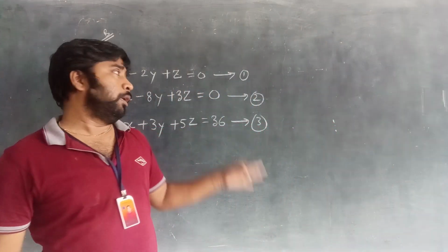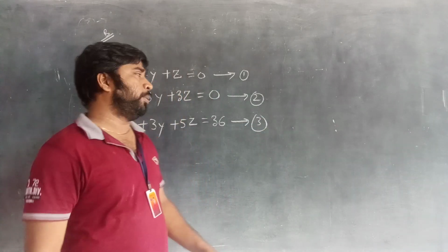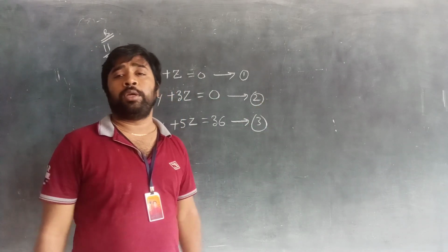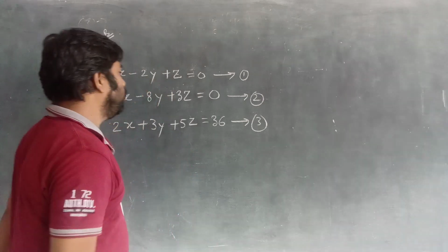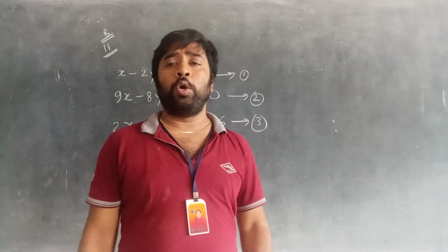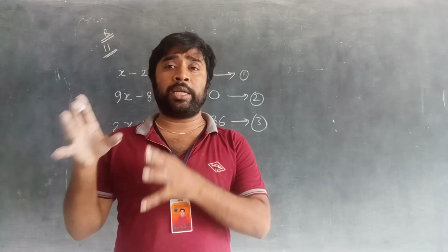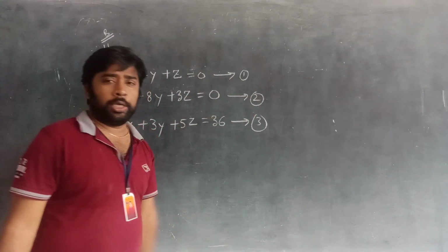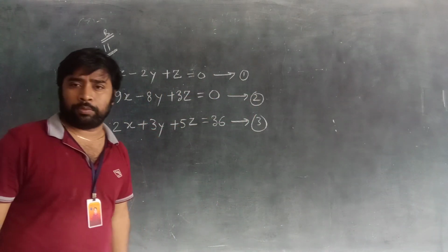Maybe 1 and 3, maybe 2 and 3 may contain the constant part 0.